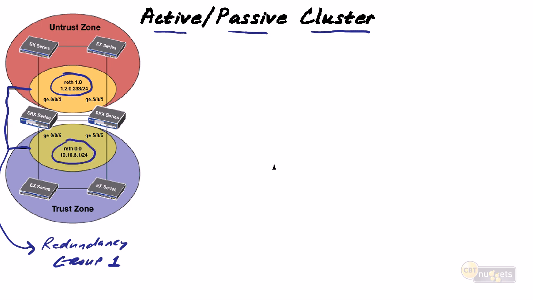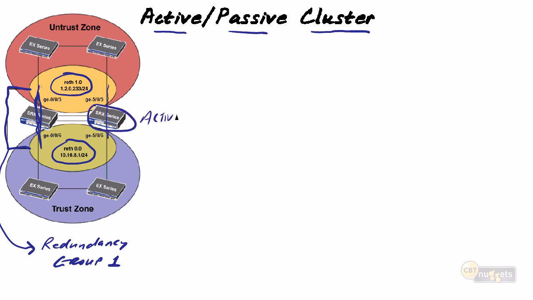Okay, so with active passive, we have our first data plane, which would be here. This first data plane is the one that's actively passing the traffic. The second SRX data plane would be sitting by, passively on standby. If there's a fault condition, then the passive data plane will take over and become the active one.